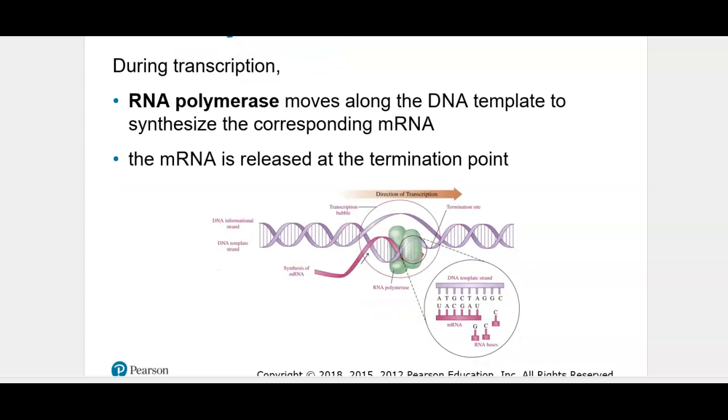It's giving you the direction of transcription. This is going from 5' to 3'. They don't talk too much about that, the 5' to 3' polymerization, but that is the way it works.